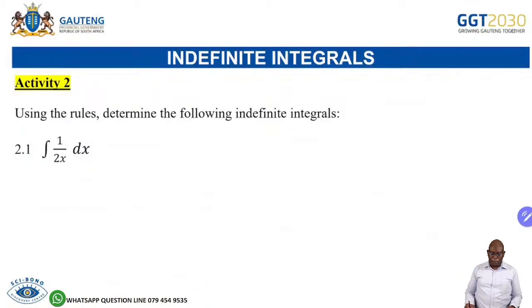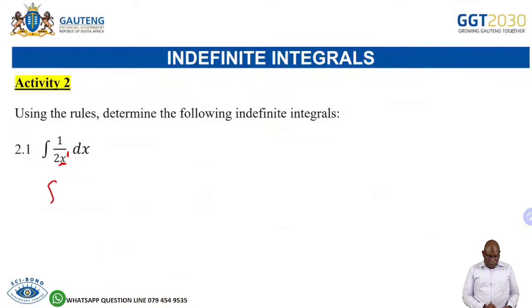Now, let's look at this one activity here. You've got 1 over 2x. Can you see that this x is to the power of 1 as a denominator, so we have a problem? Because if I take it up, it's minus 1 plus 1 which gives us 0, and we're going to be dividing by 0, which is incorrect. I can write this properly here.